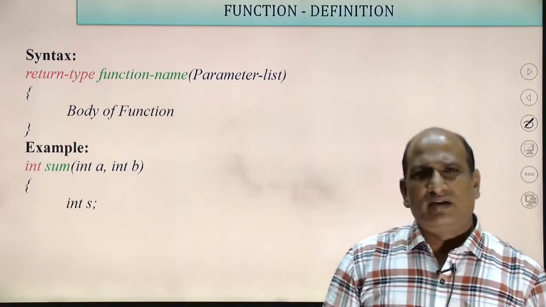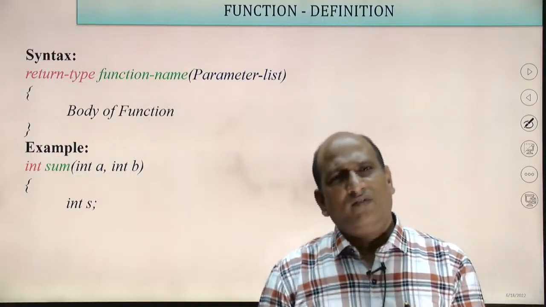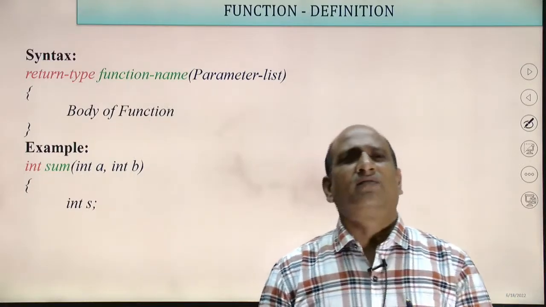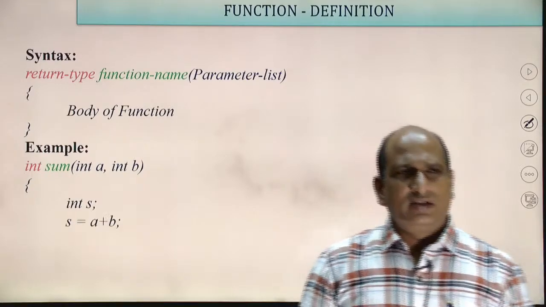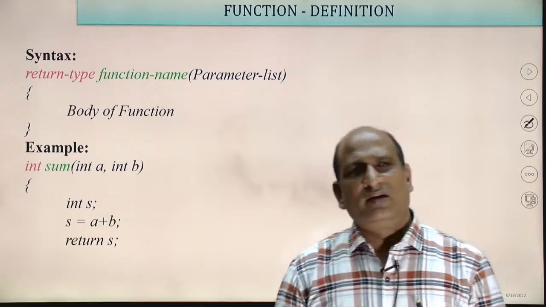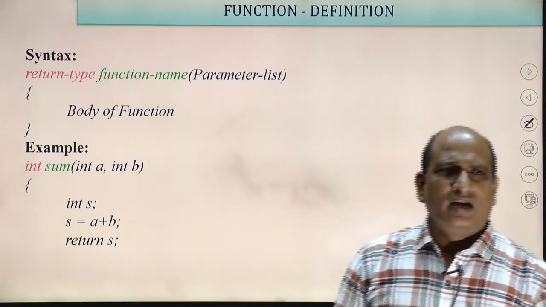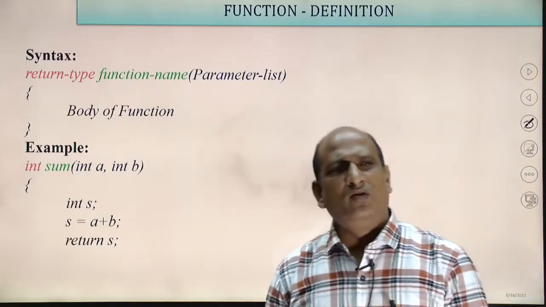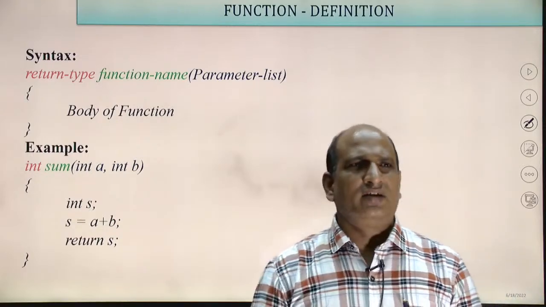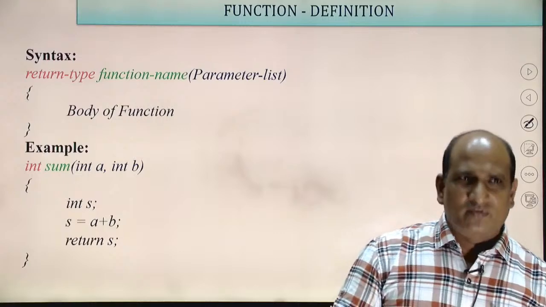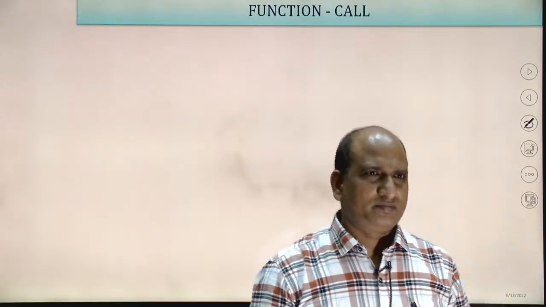These formal parameters will be assigned some value whenever the function is called. Then this function finds the sum of a and b and assigns it to s, and this summed value s is returned, that is of integer type. That's why the return type of this sum function will be int.